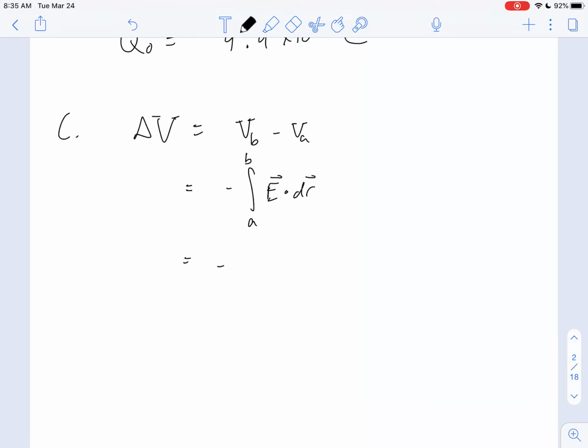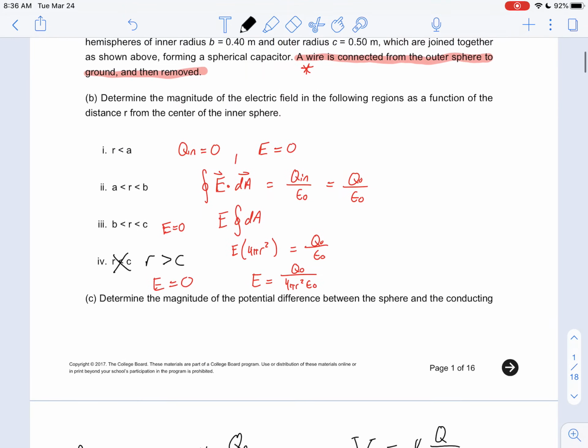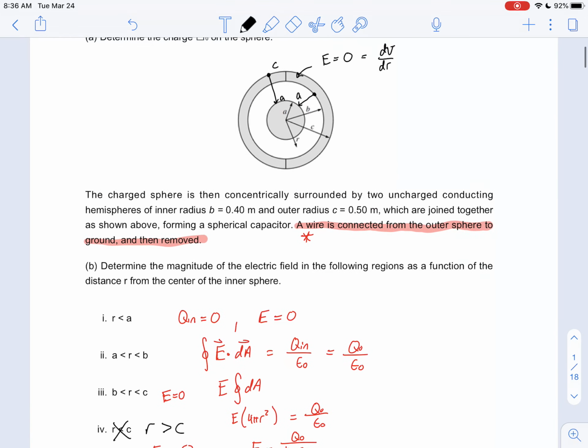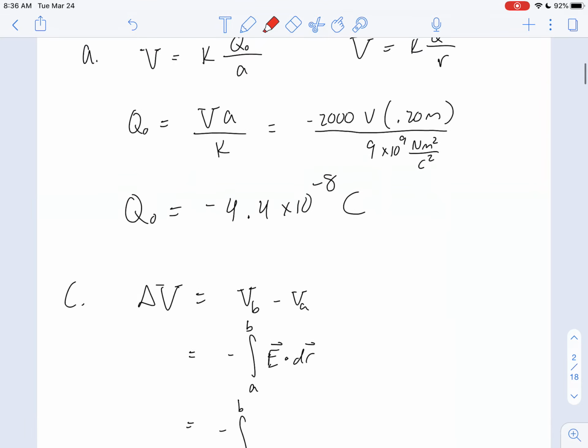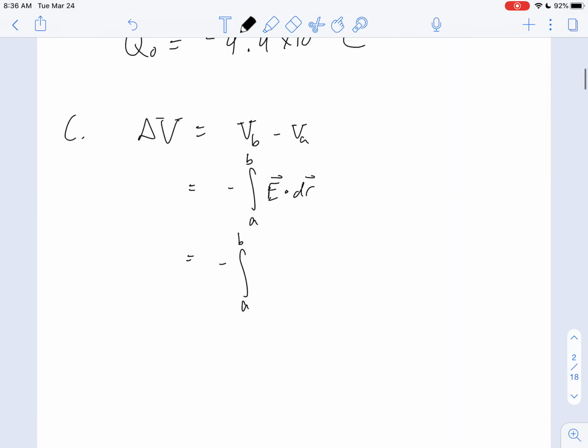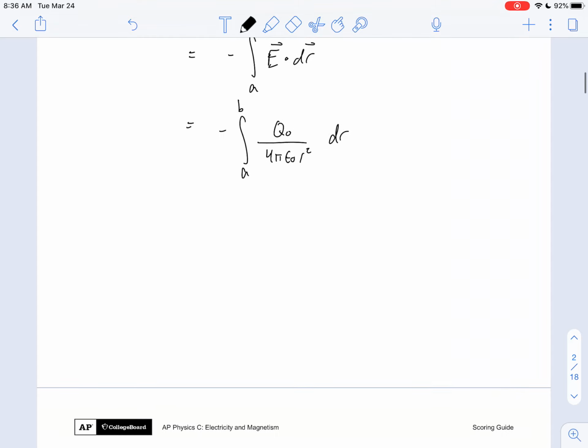The electric field here is the same electric field from what part? Part 2, right? We want this region right here. So that's part 2, and we found an electric field of Q naught over 4 pi epsilon naught r squared. And then we have dr here.